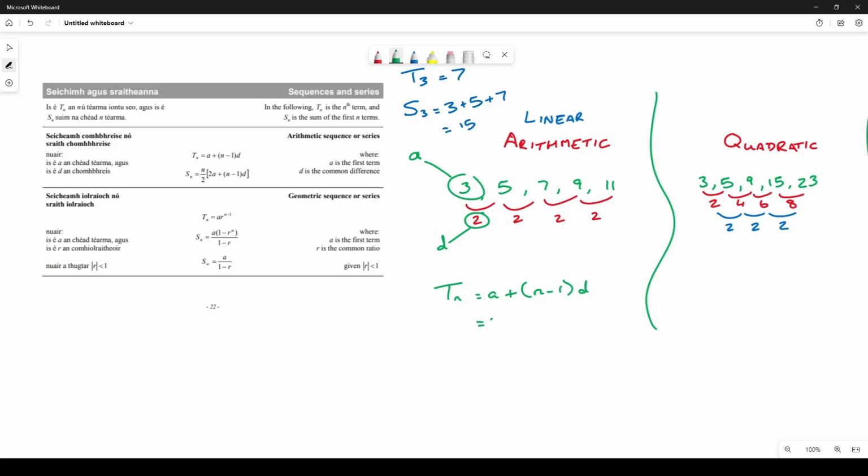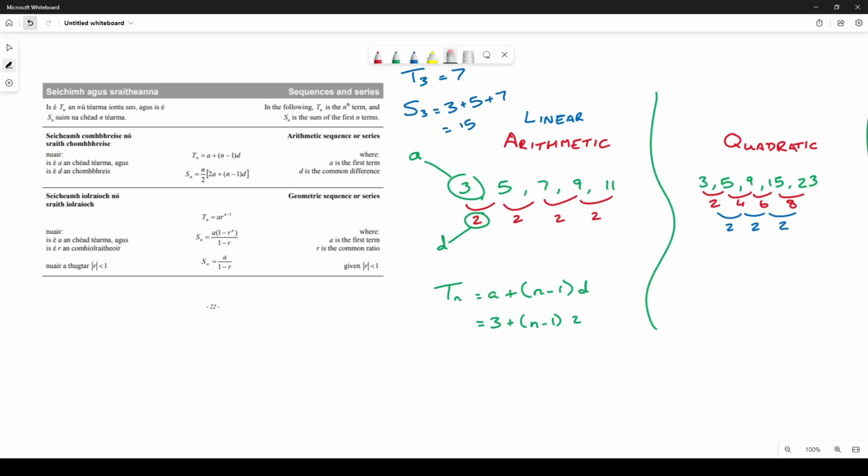So for a, I'd put in 3. Now n I'm going to leave for now. d I'm going to put in as 2. People don't like the d at the end. People prefer the d here because then you're more used to having a number in front of the bracket, but it's fine having it at the end. So I like to put it in a bracket just to highlight to you that you are multiplying it, because people would see it like this and be like, what the hell is this?